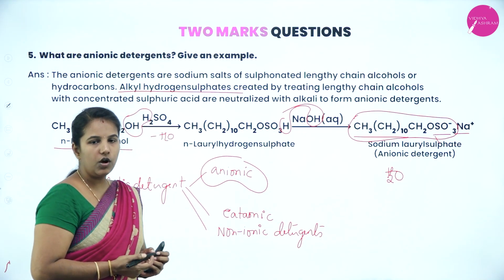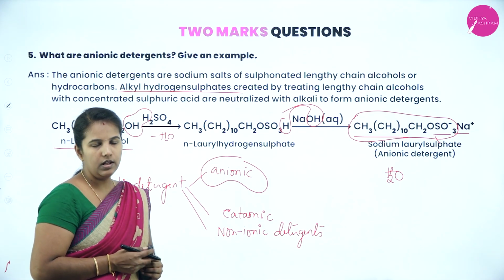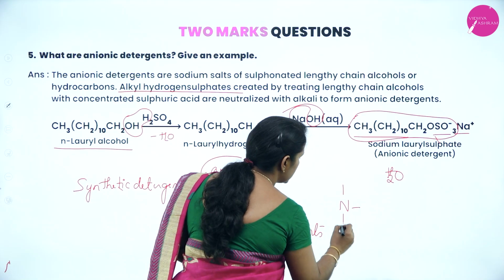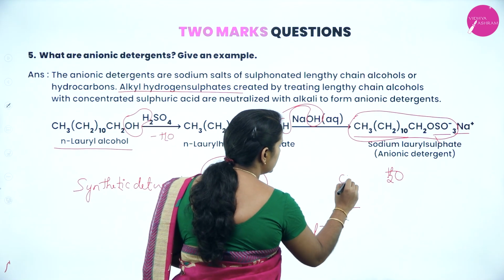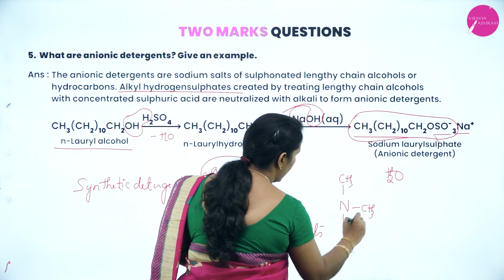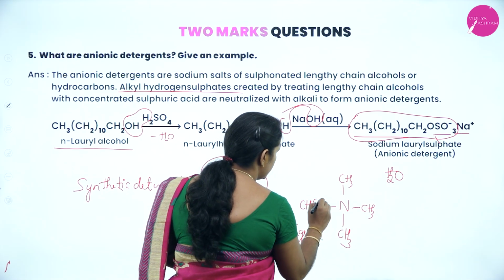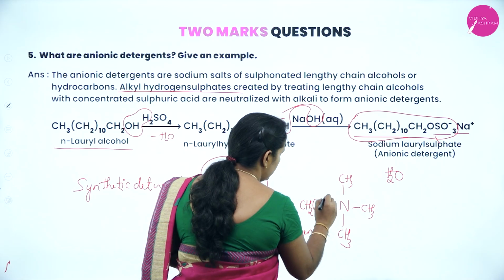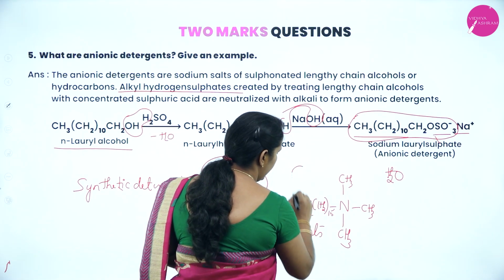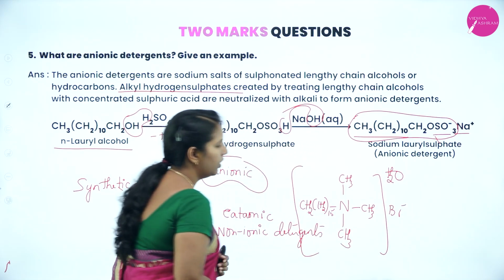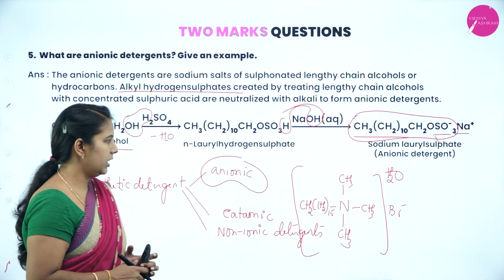Usually we will take the amines here. We know that in the amine there are 3 hydrogens. Any of these hydrogens are replaced with the alkyl group, and it is substituted with acetate, chloride or bromide, any of the halogens.